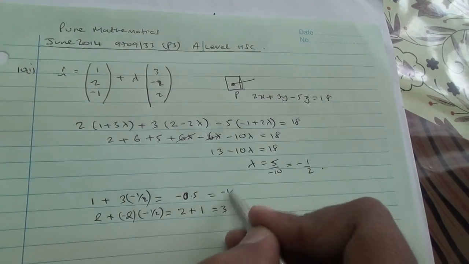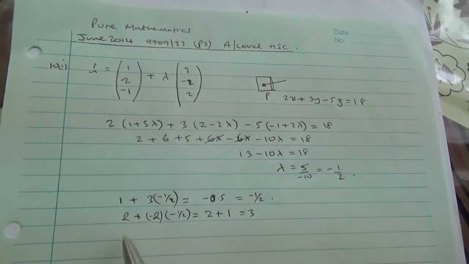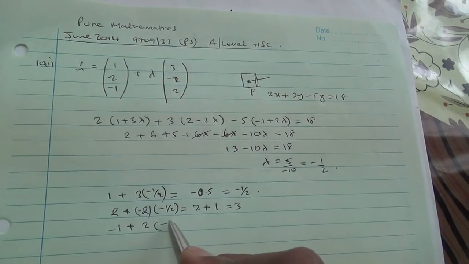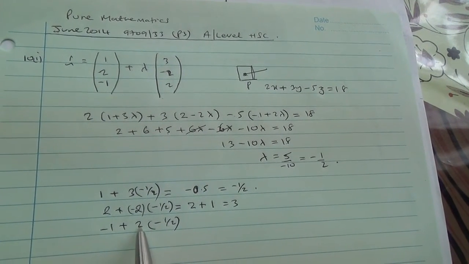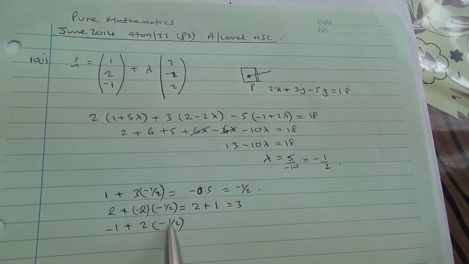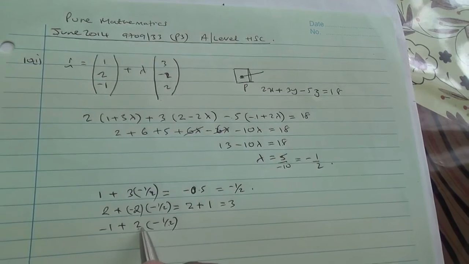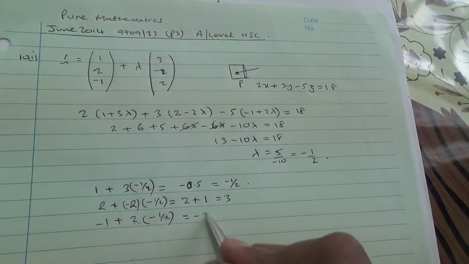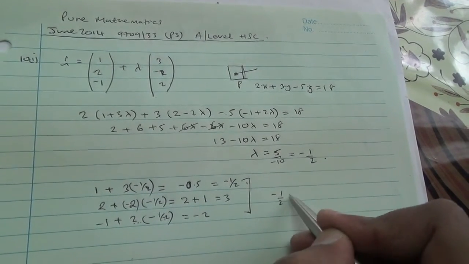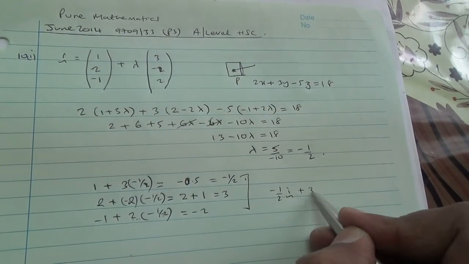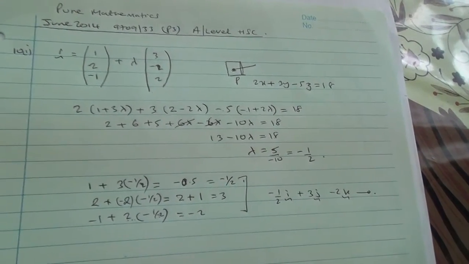For the third, minus 1 plus 2 times lambda, minus 1 plus 2 times minus half, which is minus 1 minus 1, giving minus 2. Therefore I got minus half i plus 3j minus 2k, and here we are for the first part.